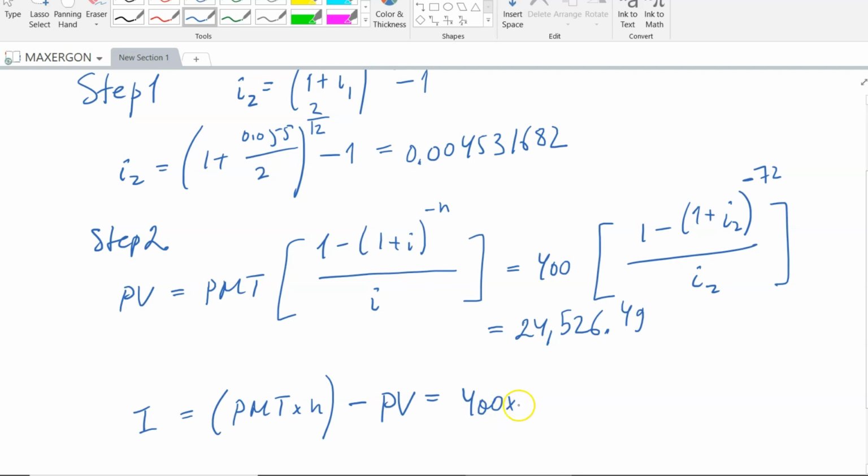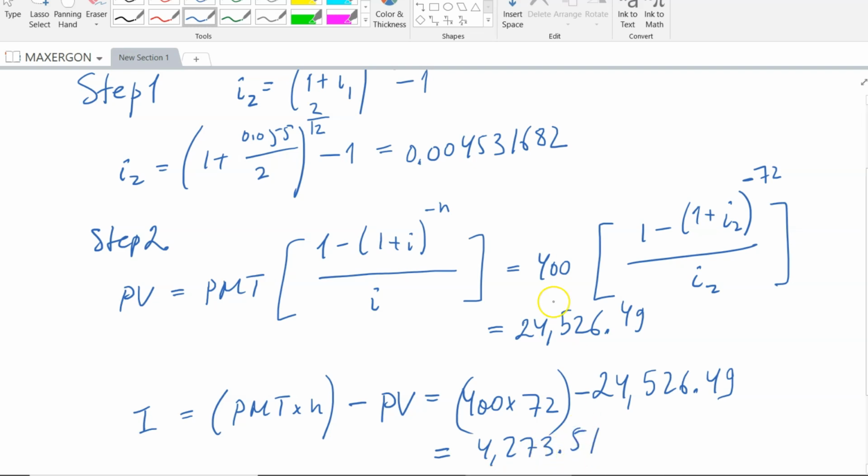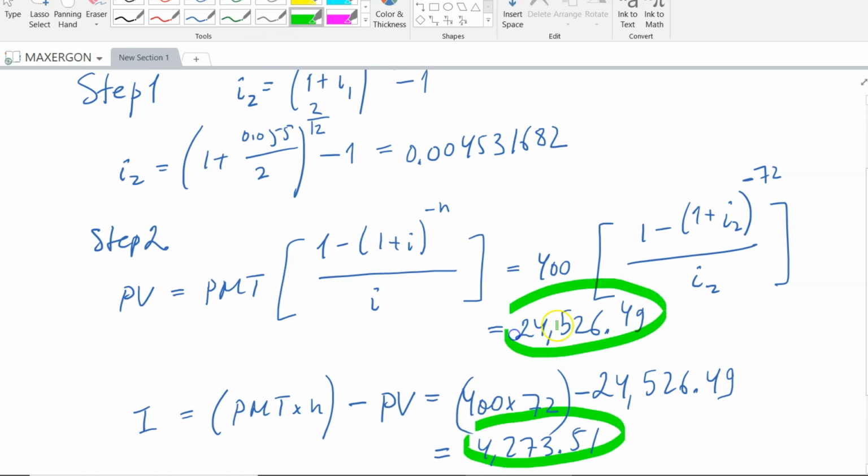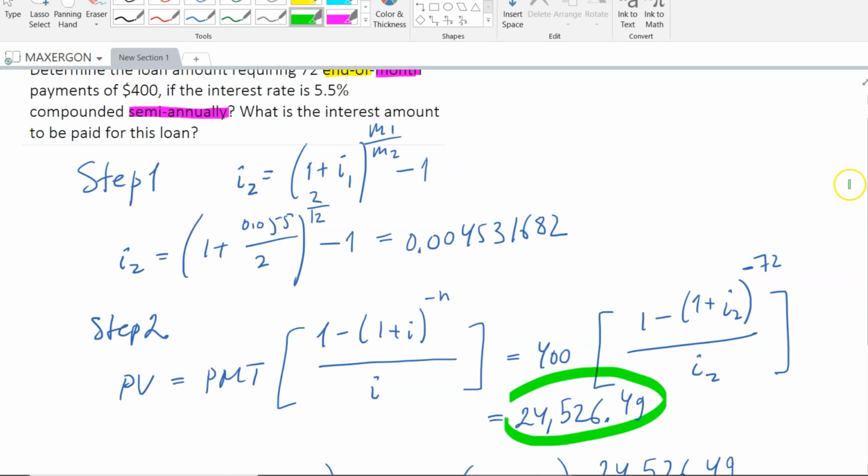We'll multiply this payment by 72 payments, and subtract the present value, which we found, 24,526.49, which will result in 4,273.51. Thus, we found the interest amount and present value, which is the loan, for this problem.